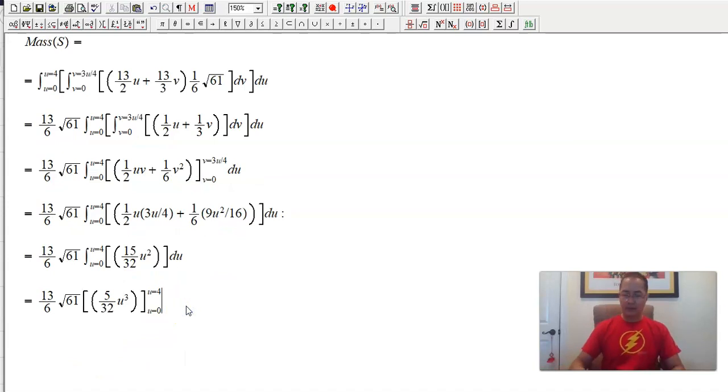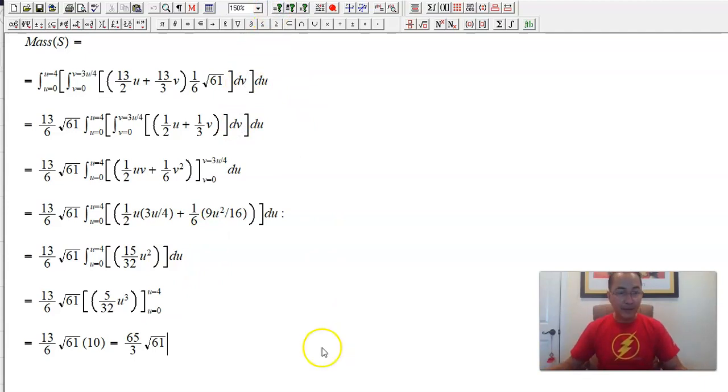Oh, and something else is going to happen. 4 cubed, 16, 64 over 32, that's just times 2. So therefore we are going to get times 10. Is that right? Yeah, 64 over 32 is 2, times 5 is 10. Yes, we get this as our final answer.